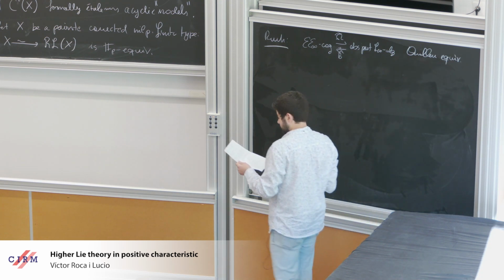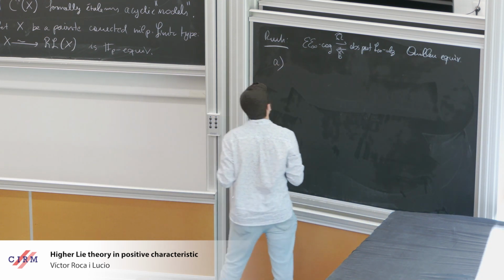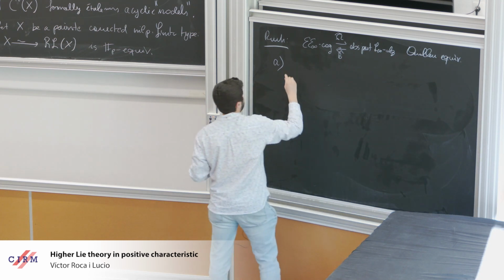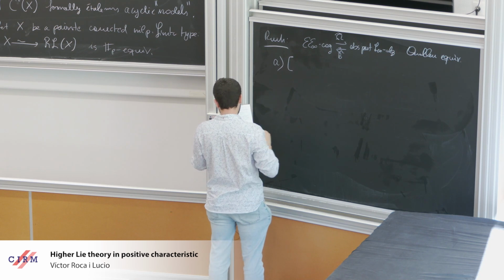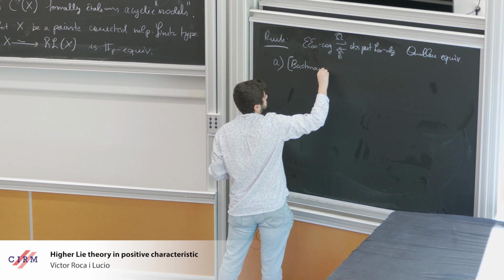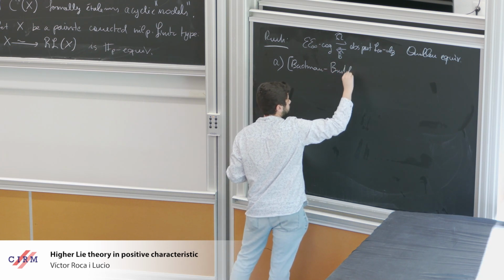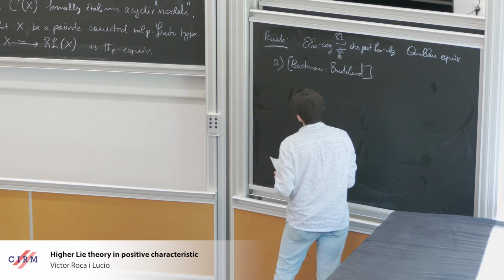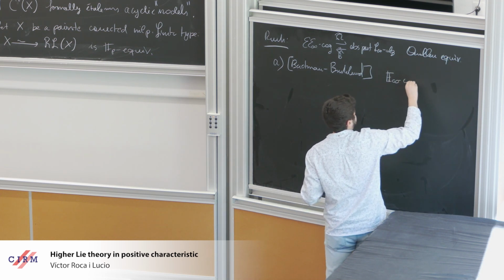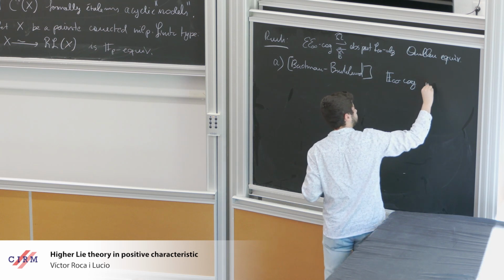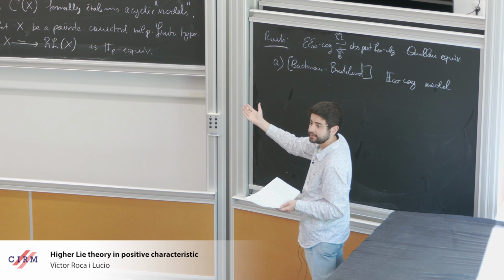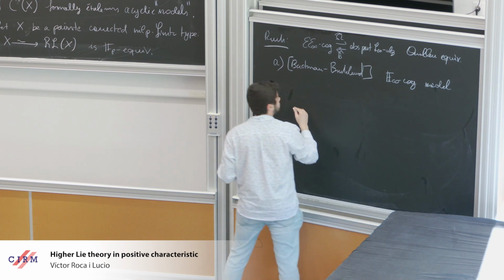So the first point is that we could be happy about this being an equivalence because, recently, Bachmann and Borklund constructed infinity coalgebra models for all nilpotent spaces without the finite type condition.